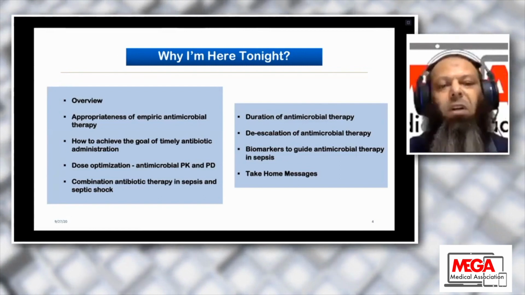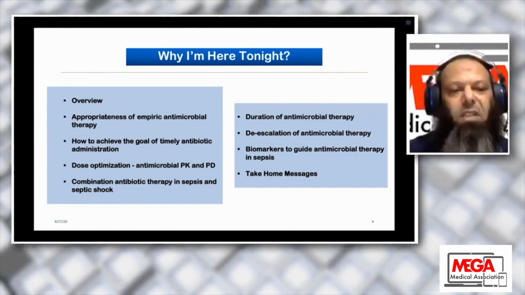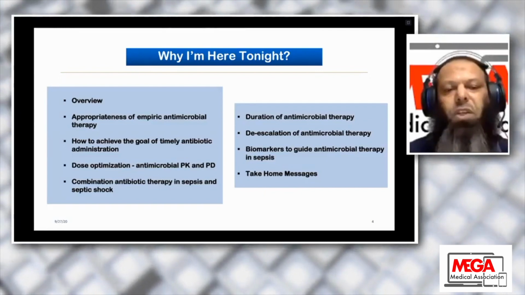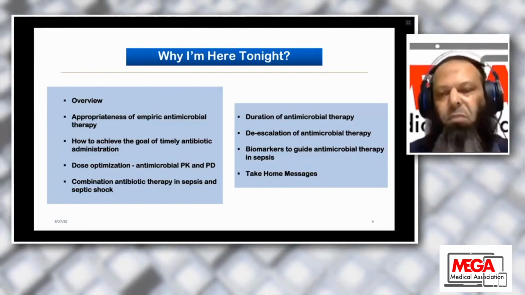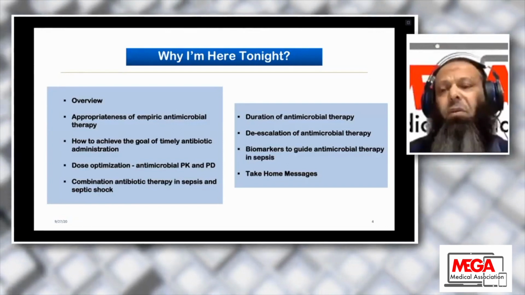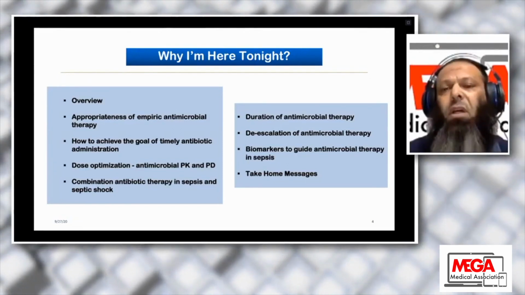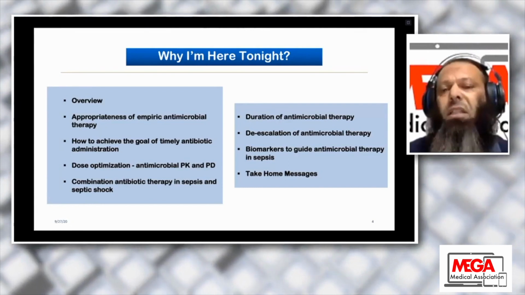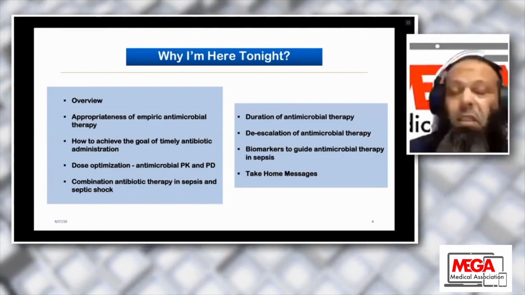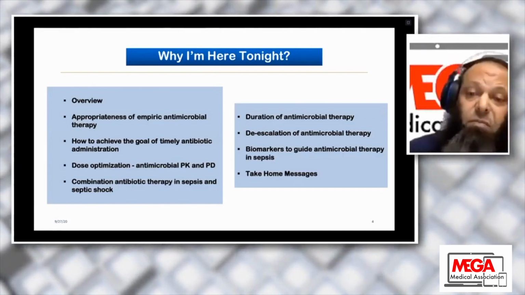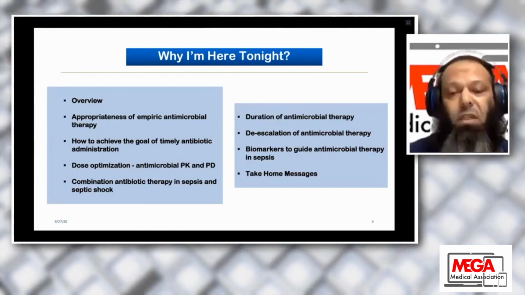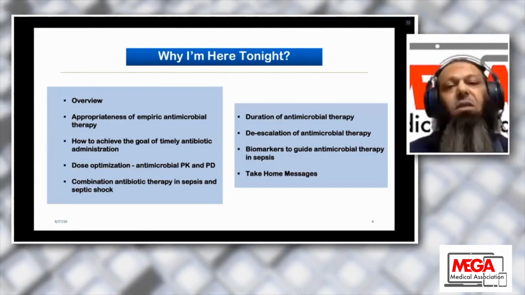Second is how to achieve the goal of timely antibiotic administration. Third is the dose option. Fourth is the combination of antibiotic therapy in sepsis and septic shock. Fifth is the duration of antimicrobial therapy. Next is the de-escalation of the antimicrobial therapy. And lastly is the use of biomarkers to guide the antimicrobial therapy in sepsis. And I will sum up with some take-home messages.